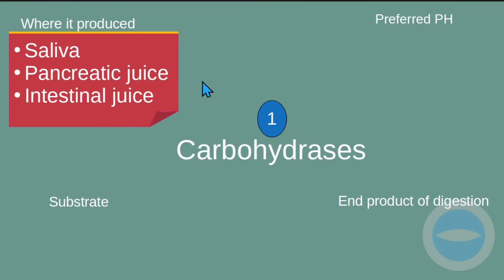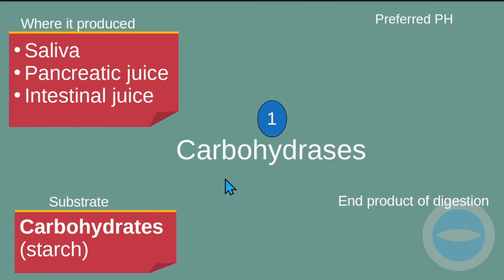And then we must know what the substrate is. The substrate is carbohydrate. This enzyme breaks down carbohydrates or starch. If you can see here, the name of the enzyme is carbohydrase. What does it break? It breaks carbohydrate.